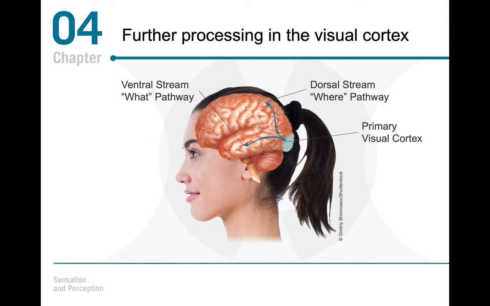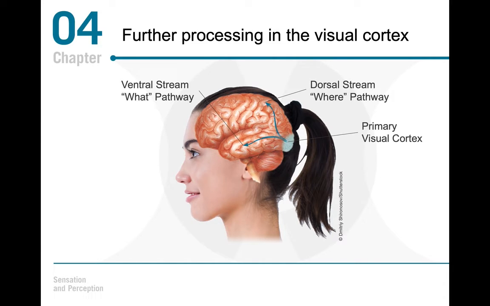So after a visual input is processed in the primary visual cortex, signals travel through two streams that have sometimes been characterized as the what pathway and the where pathway, the ventral stream versus the dorsal stream. The ventral stream processes details such as what objects are out there.